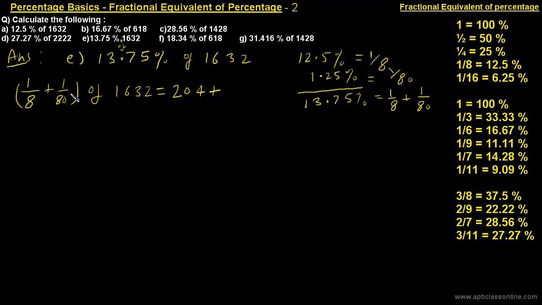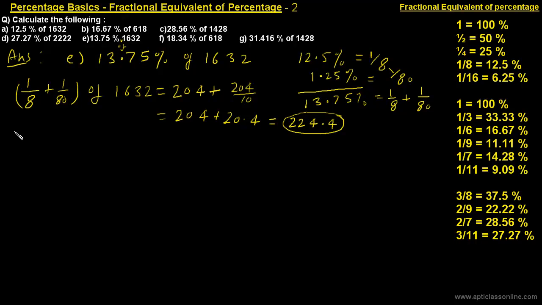So 1 by 80 of 1632 is 204 divided by 10, that is 20.4. So it is 204 plus 20.4, that is 224.4. In this way we have calculated this without the help of any calculator.